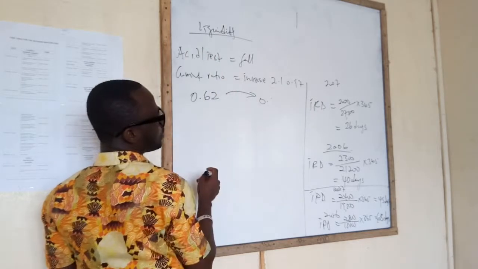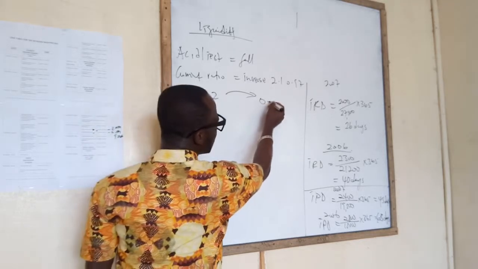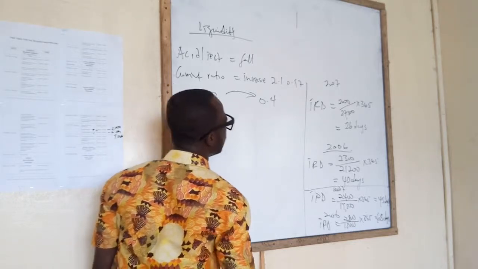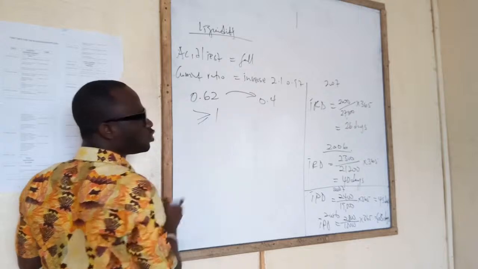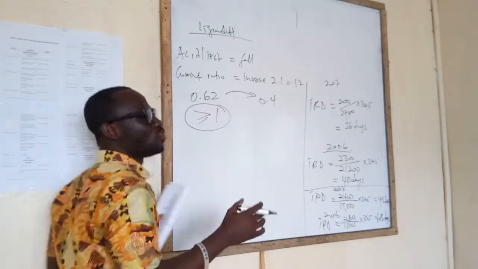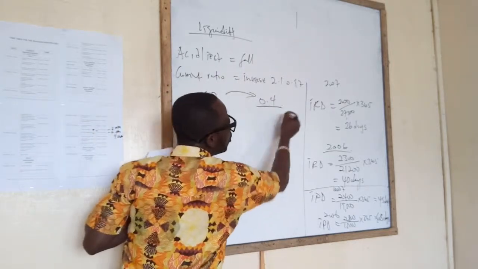The acid test in 2007 is 0.4. Now, the benchmark for liquidity is that it should be greater than or equal to 1. It being 0.6 was not good, and now it has further gone to 0.4.